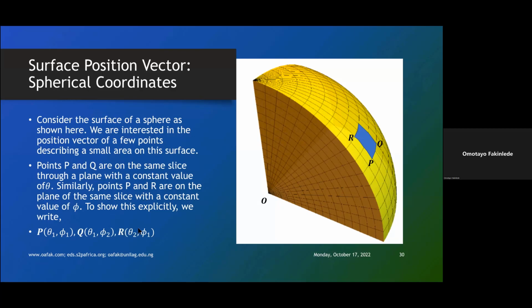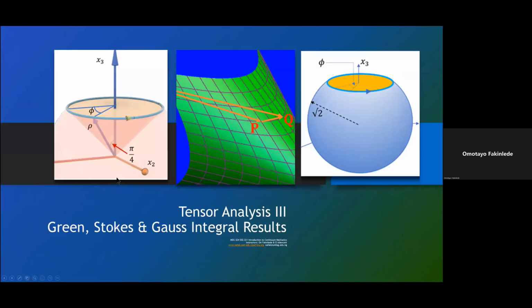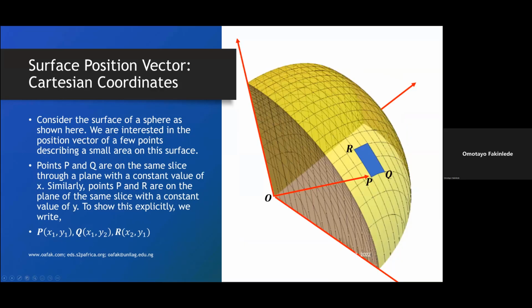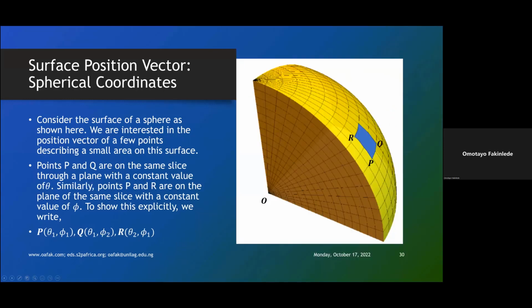So what we are going to do now is that you can see that it doesn't matter whether we use X and Y or theta and phi, we can always parameterize a surface with two variables. That is what is important. On the iso lines, one of the variables remains constant.